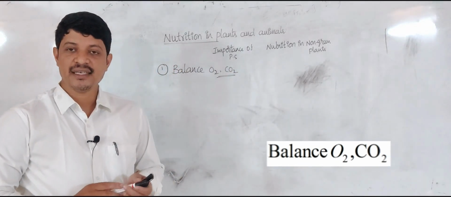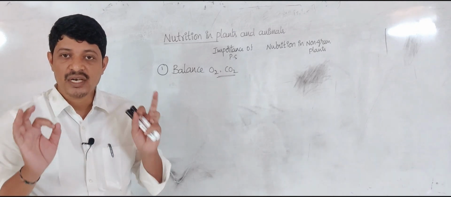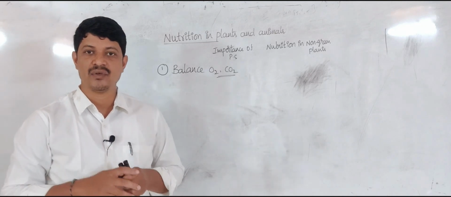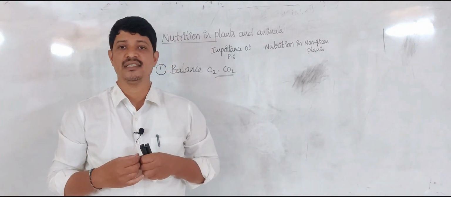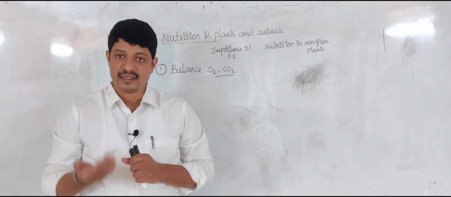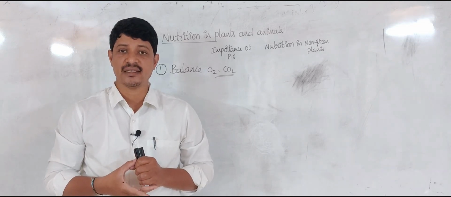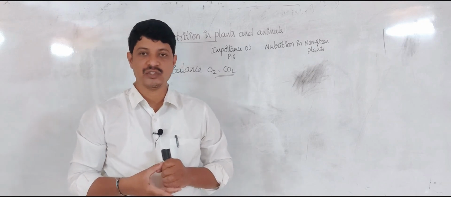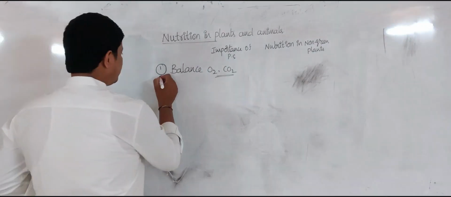If the carbon dioxide levels become higher in the atmosphere, only the plants are involved in reducing the carbon dioxide from the atmosphere. The carbon dioxide levels decrease because of these plants only. And at the same time, oxygen is liberated from the plants. So the oxygen and carbon dioxide balance is maintained by the plants only.